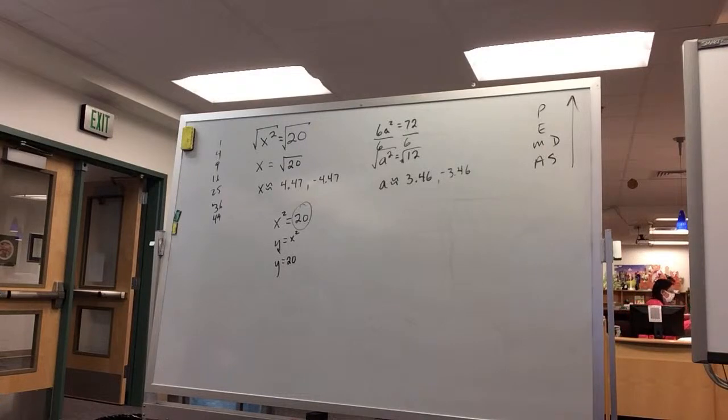Oh, 20 is outside the window. So go to zoom and zoom out. So 20 is outside of your window if you're on a standard window. You zoomed out. How are you doing back there? Yep, and then do y equals 20 for the second function. Good. Let's go back. Let's see what you want to do.